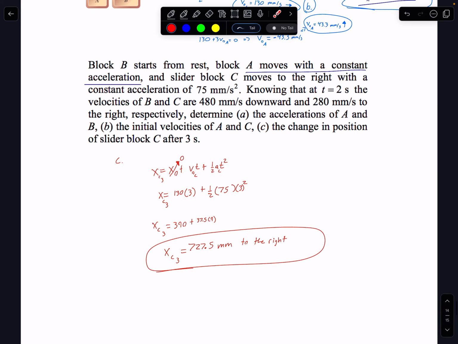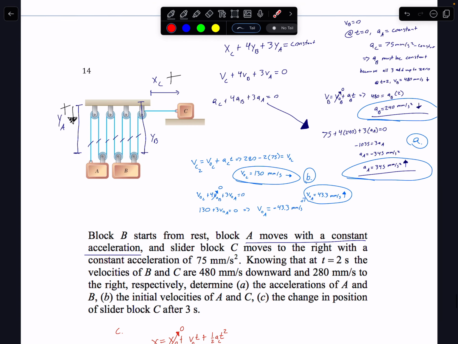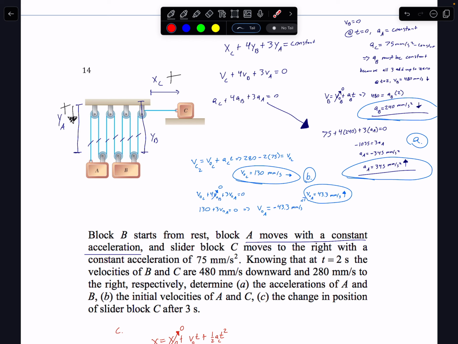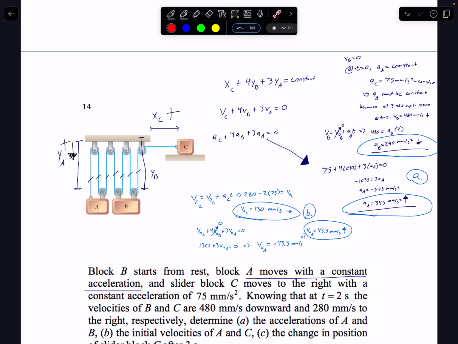And for part B, we're looking for the initial velocities of A and C. We know that block B starts from rest. So we know we're taking everything from 0. Oh gosh, hold on.